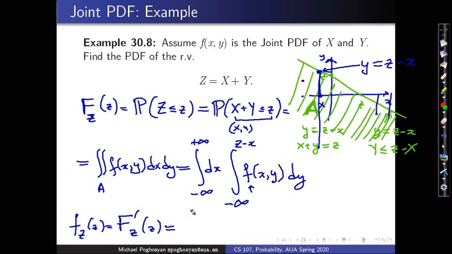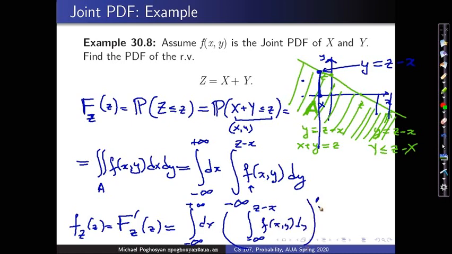So I need to calculate the derivative of this with respect to z. I am calculating the derivative inside: the integral from minus infinity to z minus x of f of x,y dy, differentiated with respect to z. z is only in the upper limit.